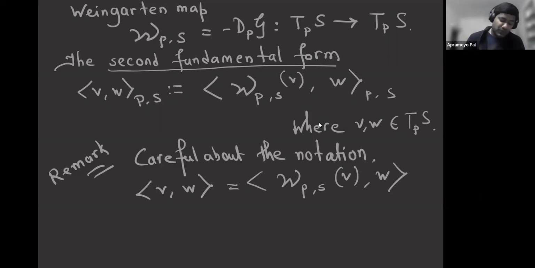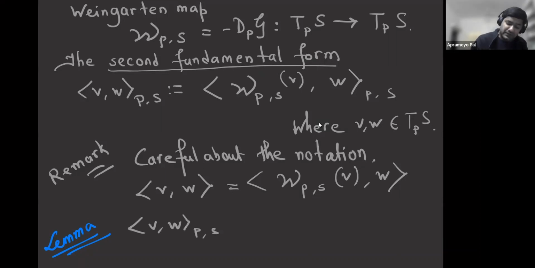So one has to be careful what we mean. Anyway, today we will start with a lemma that I already stated inside the definition. Lemma: this (V, W) at P S is a bilinear form.